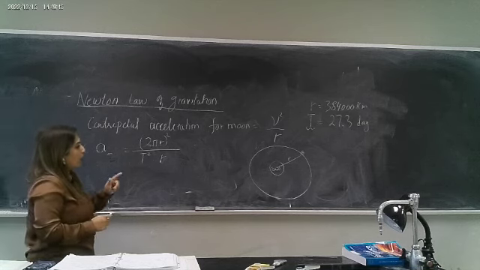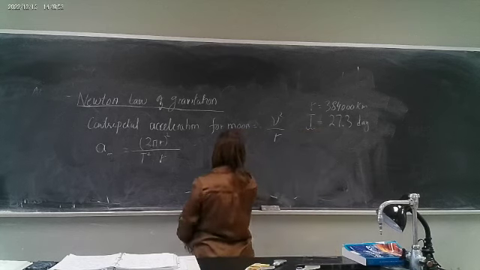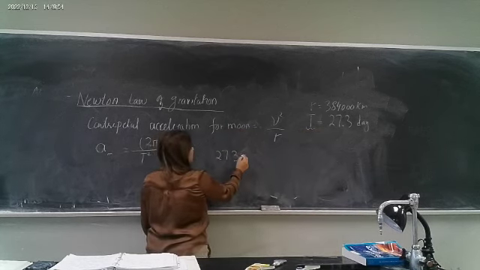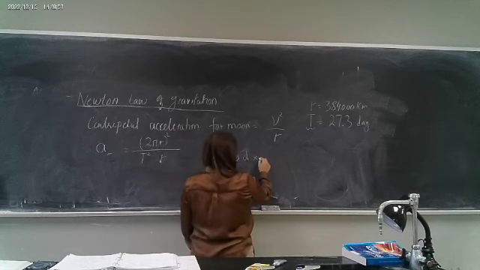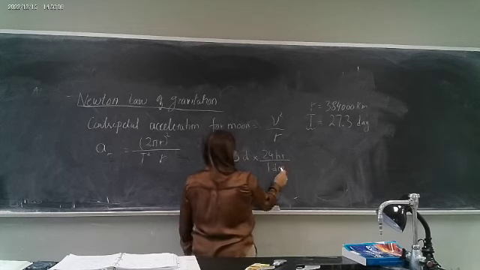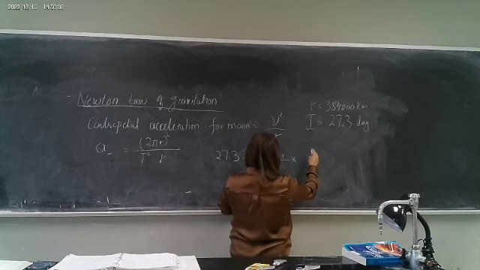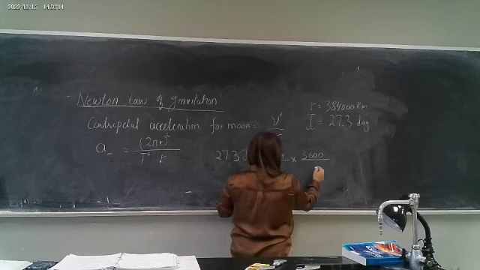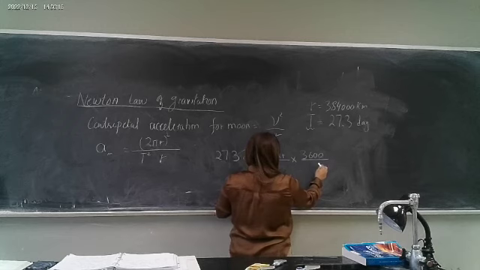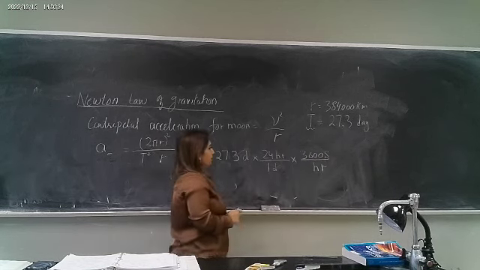Okay, so how do we convert the days to seconds? It's 27.3 days. How many hours in a day? 24 hours in one day. And how many seconds in an hour? 3600 seconds in one hour.